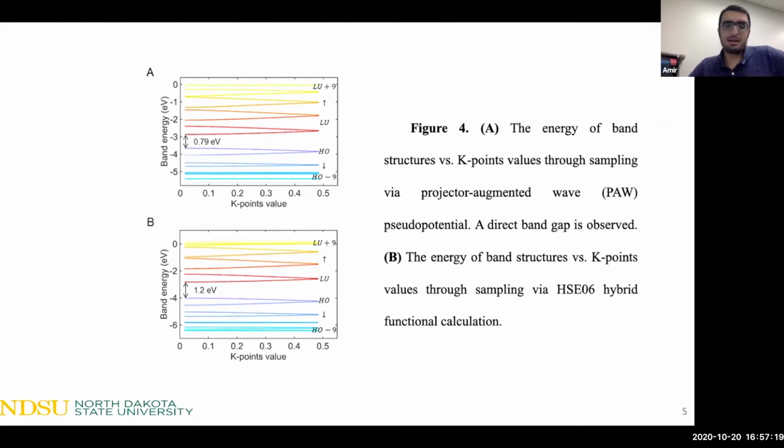So if we reference the HSE06 as the most precise band gap in the current study, we didn't see a big change in that value here. The noticeable observation is that the band gap was direct. I don't know which kind of useful information we can get here. We also did some calculation of the effective mass of electrons and holes. I didn't report it here, but we can discuss it in the text later on.